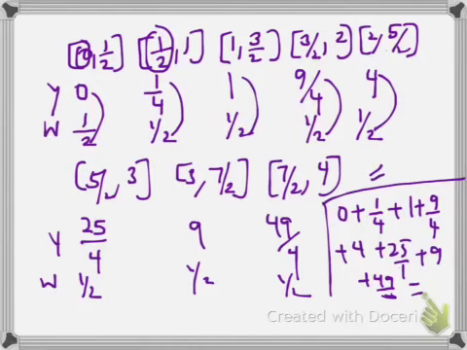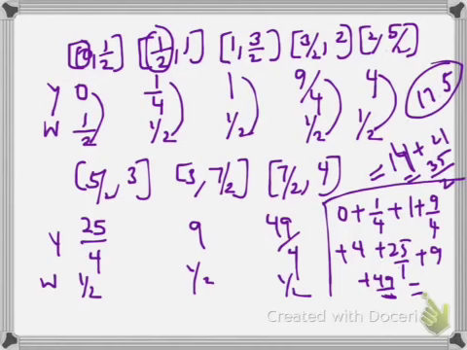So this is 14 for the whole numbers, and then 1 plus 9 is 10, plus 25 is 35, plus 49 is 84/4. So 84/4 is 21, so that's 35, and then divided by 2, it's nothing but 17.5, right?